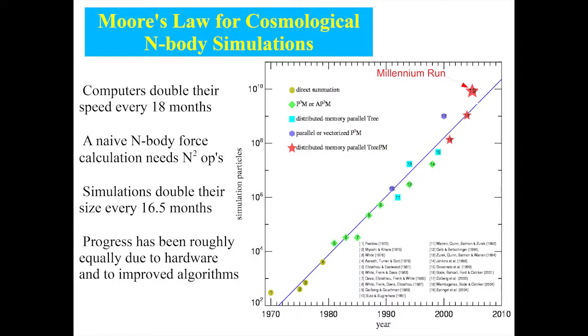How are things going to improve? This is the biggest calculation done in this field in terms of the number of individual elements simulated, from 100 to 10 billion. And this is the year of the calculation. And this was the one I showed you the fly-through of. Already 5 years later, we're up here. The ability of computers has been increasing, so I think we will continue to get better simulations.